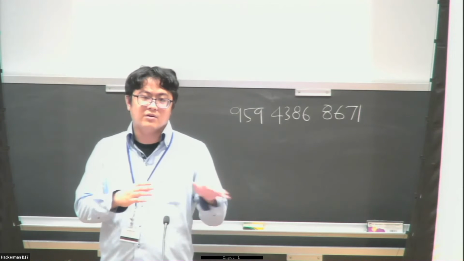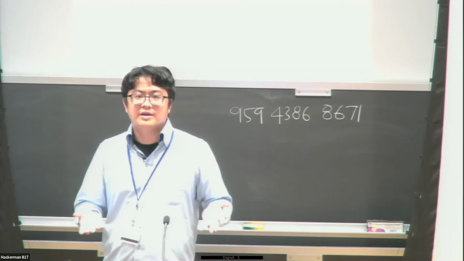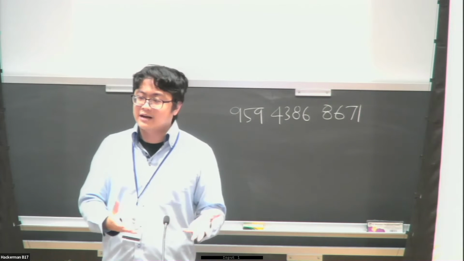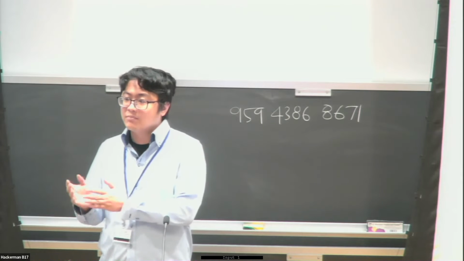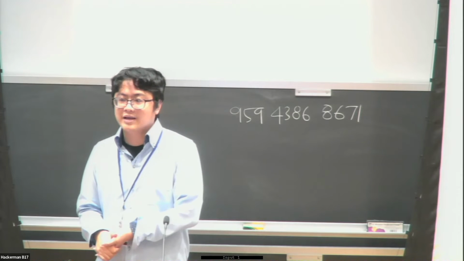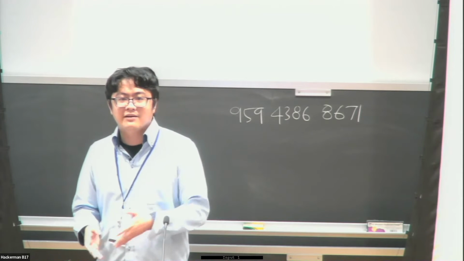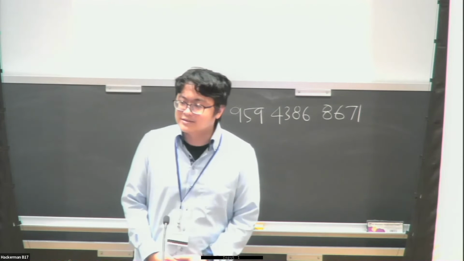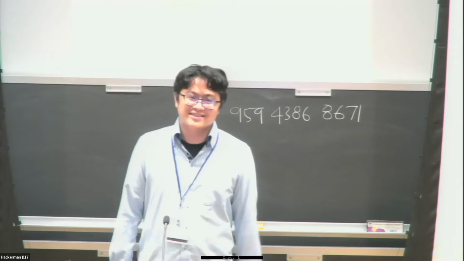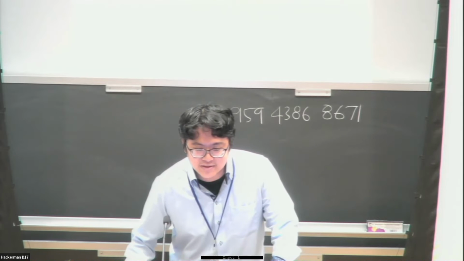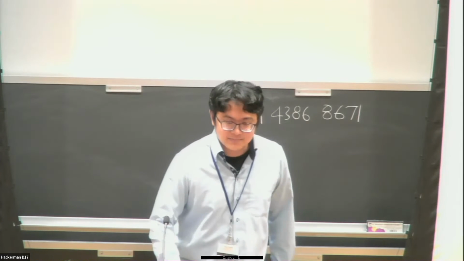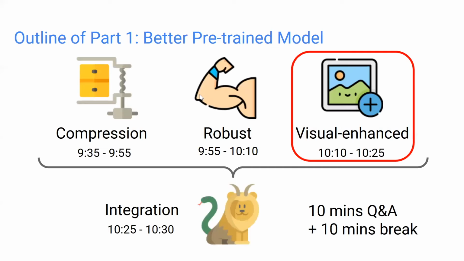For typical ASR models without pre-training, you cannot apply this technology. So I think self-supervised models can be more robust, because you can pre-train the model with diverse data. I hope this answers your question a little bit. Sorry, I do not have a good answer. Okay, so now let's move to the visually enhanced model.